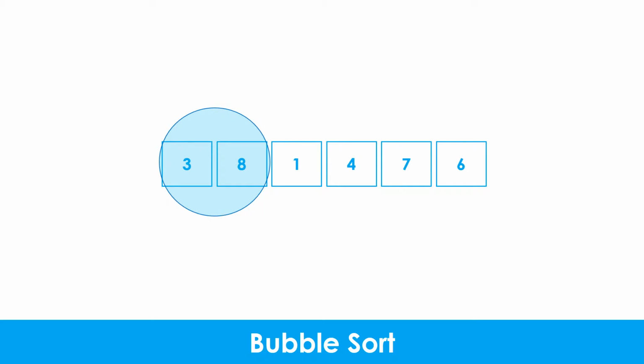The bubble sort algorithm works through a list comparing pairs of values and swapping them if necessary.